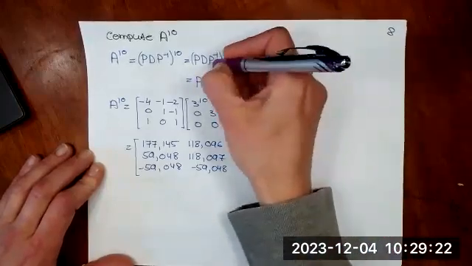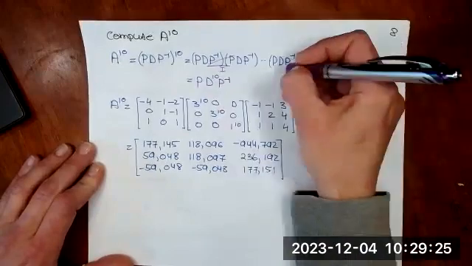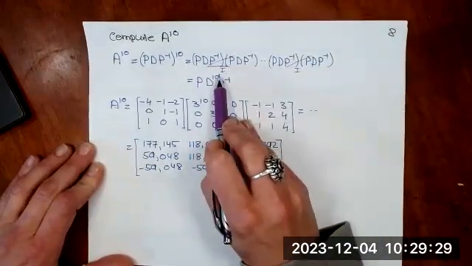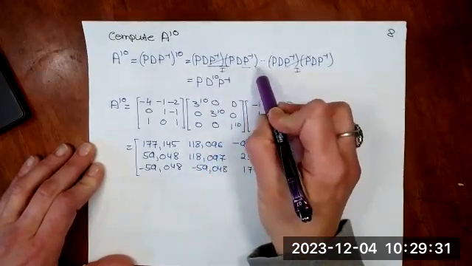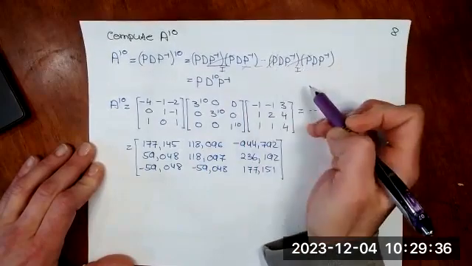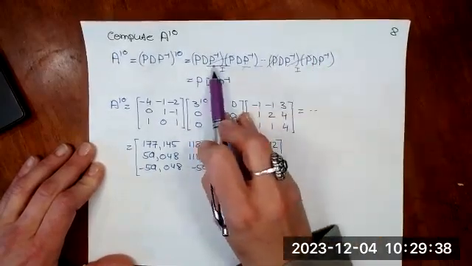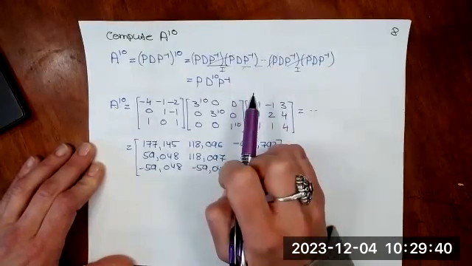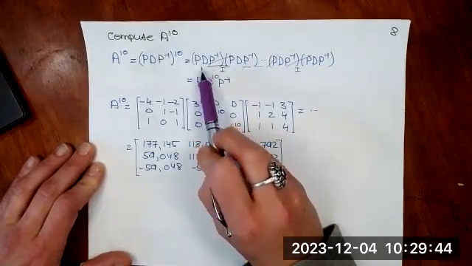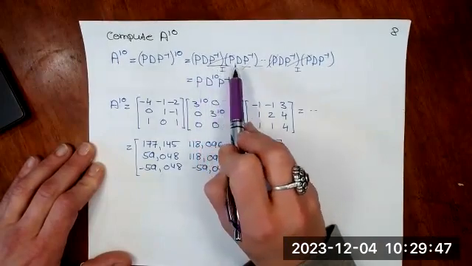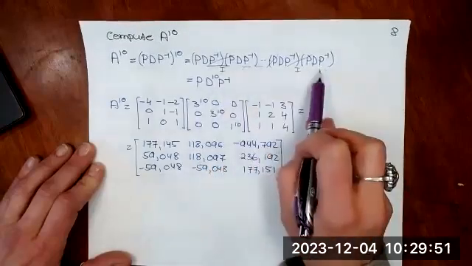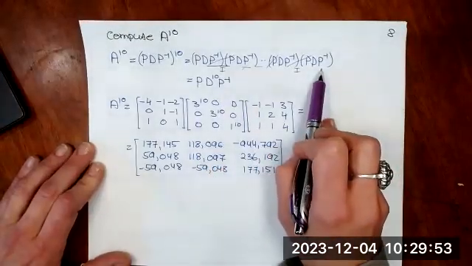But if I put them all one by one, this P inverse times P is going to be equal to I. This P inverse with the next P is going to be equal to I. P inverse here with this P is I. So all of those pairs, P inverse times P, will cancel. All I will have left is just the first P, then D, I, D, I, D, I. So it's just P times D to the power 10, and then only the P inverse survives here.